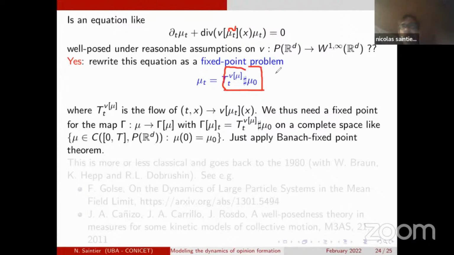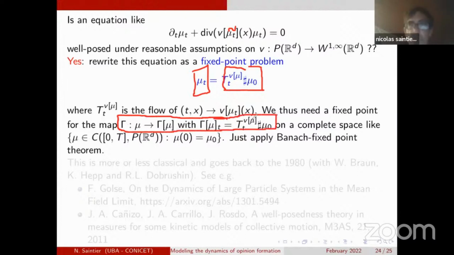But now what we want is that the solution we get should be exactly the mu we fixed inside the vector field V. Which is this one. So we get this fixed point formulation. So this means that we only have to obtain a fixed point for this kind of map here.